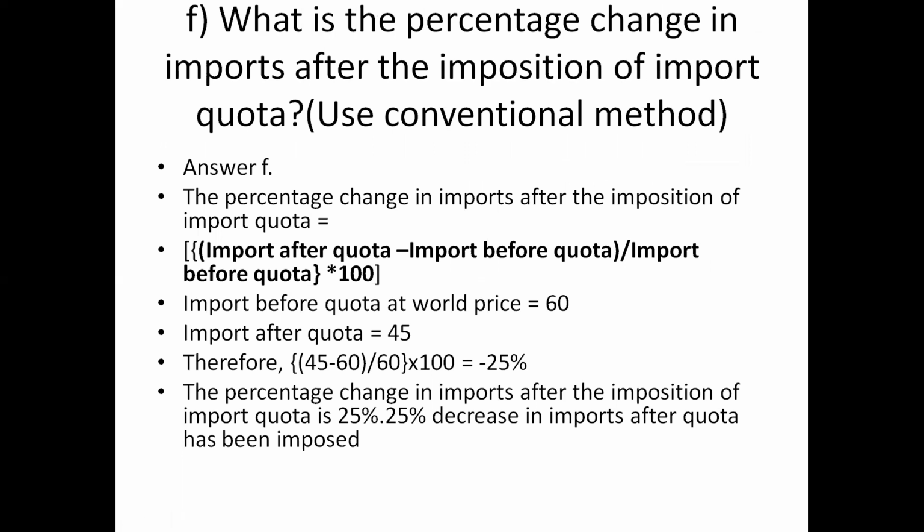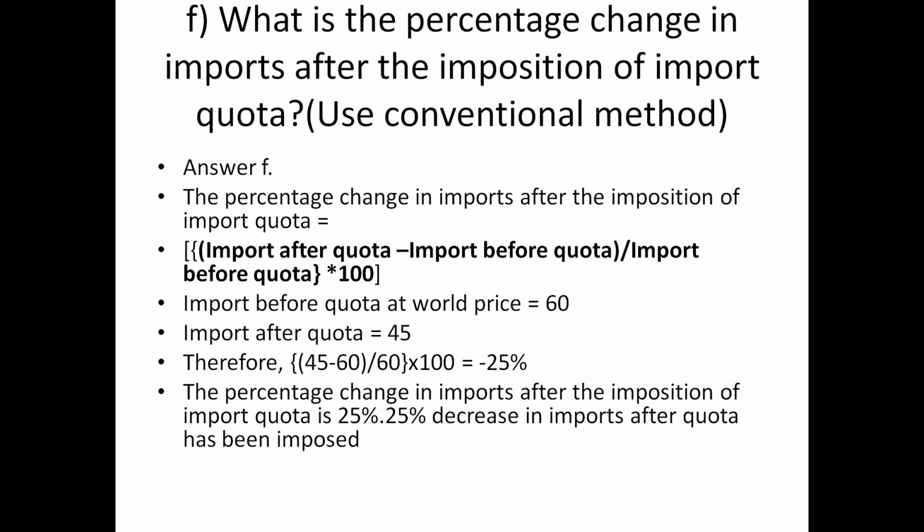This question asks you, what is the percentage change in imports after the imposition of import quota? We can already tell that the quantity supplied and the quantity demanded have changed after the quota has been imposed. But this question asks you, what is the percentage change in imports? Okay, so to answer this question, we have to know the import before quota and the import after quota.